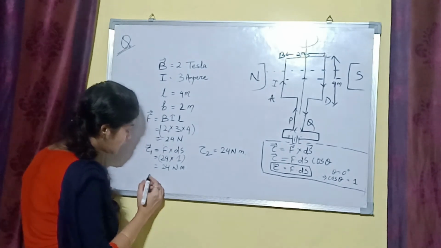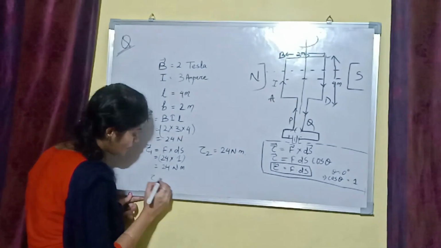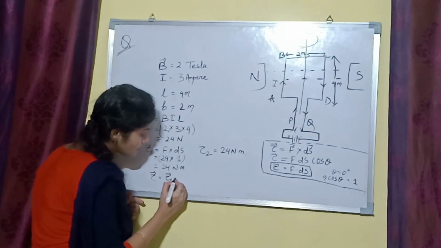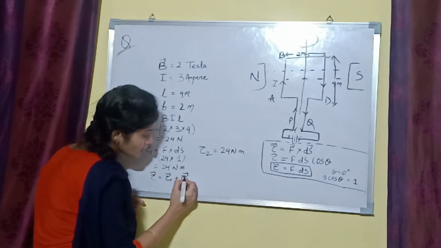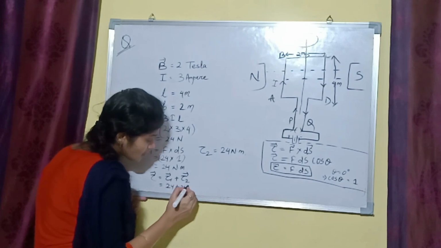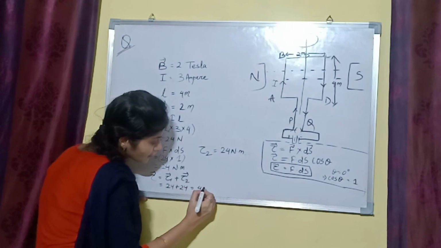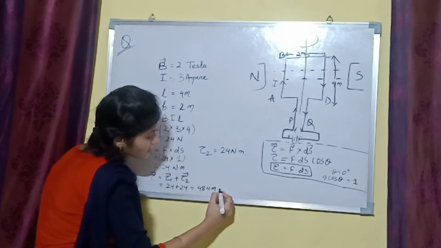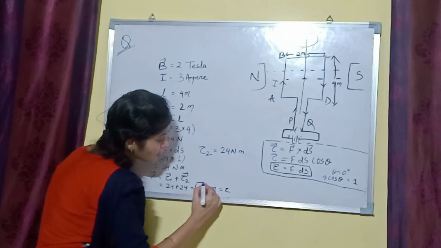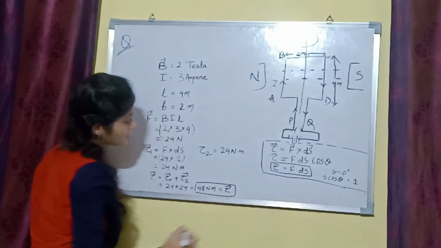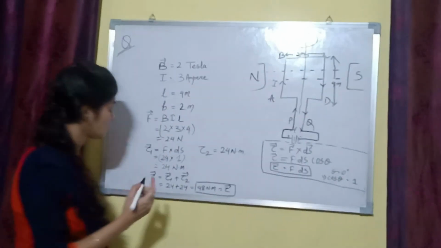So the total torque produced in this arrangement will be tau is equal to tau 1 plus tau 2. That will be 24 plus 24 is equal to 48 Newton meter. It is the total tau produced for this arrangement. Okay, I hope you understand this.